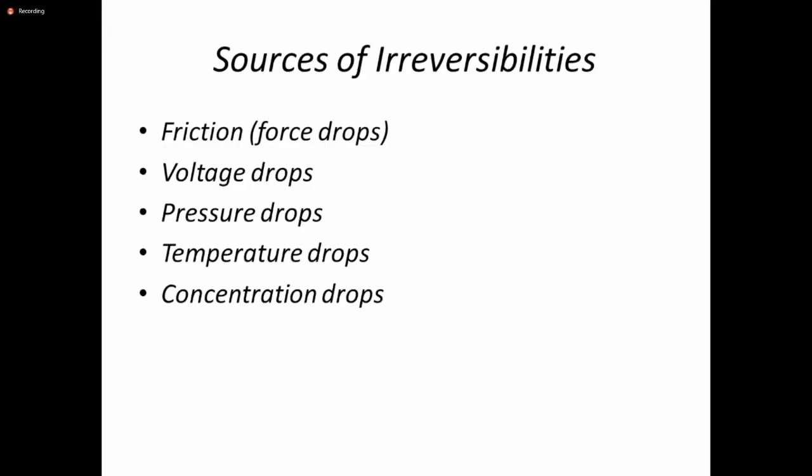These are nothing but the various sources of irreversibility. All these sources play the major role in creating the irreversibilities inside the process. Friction, then voltage drop, pressure drop, temperature drop, and concentration drop.